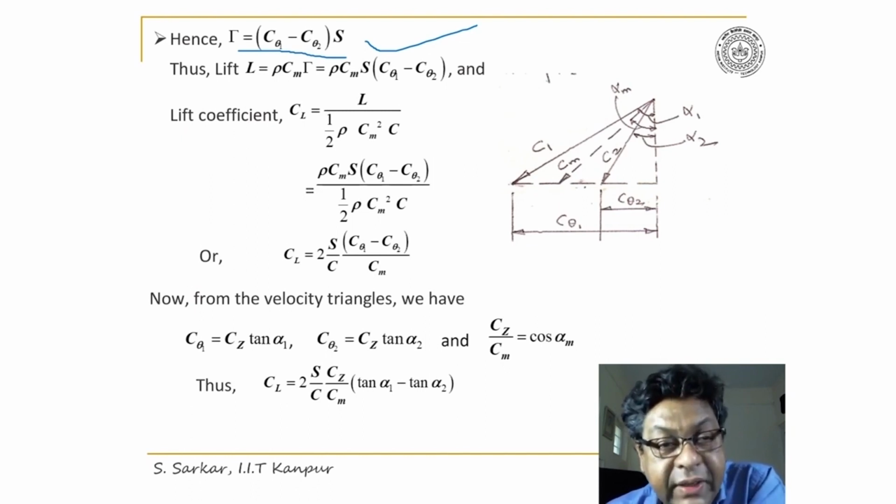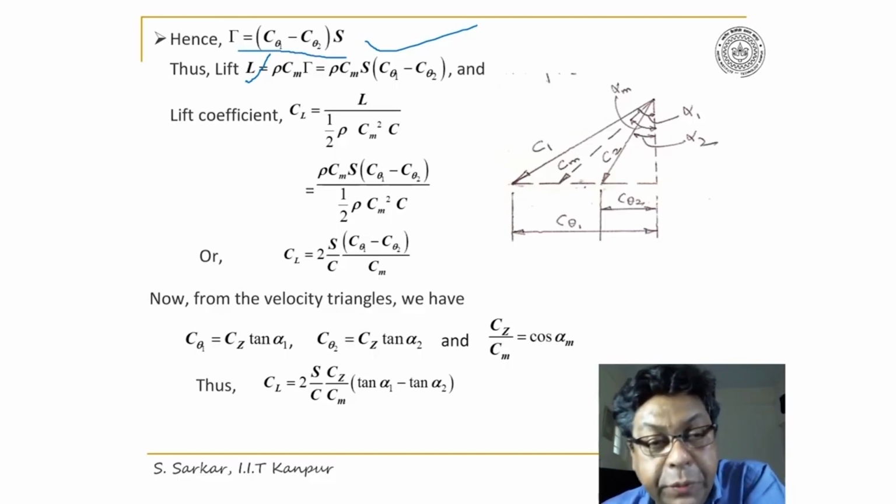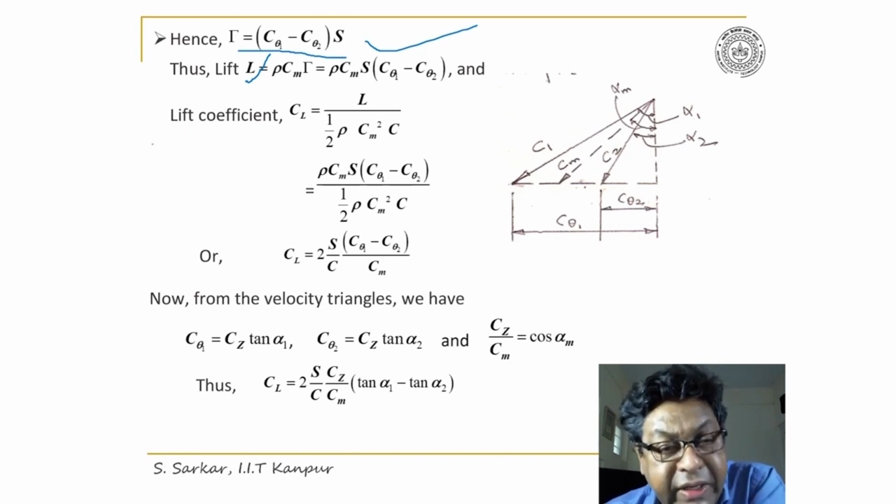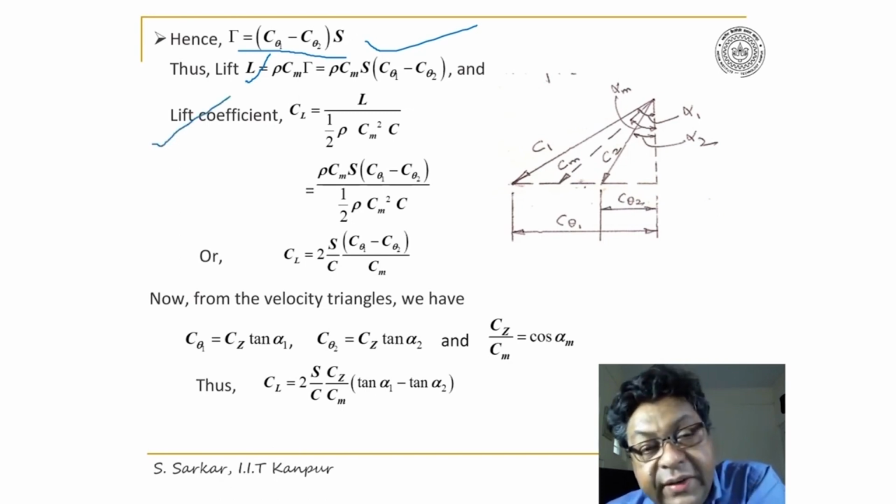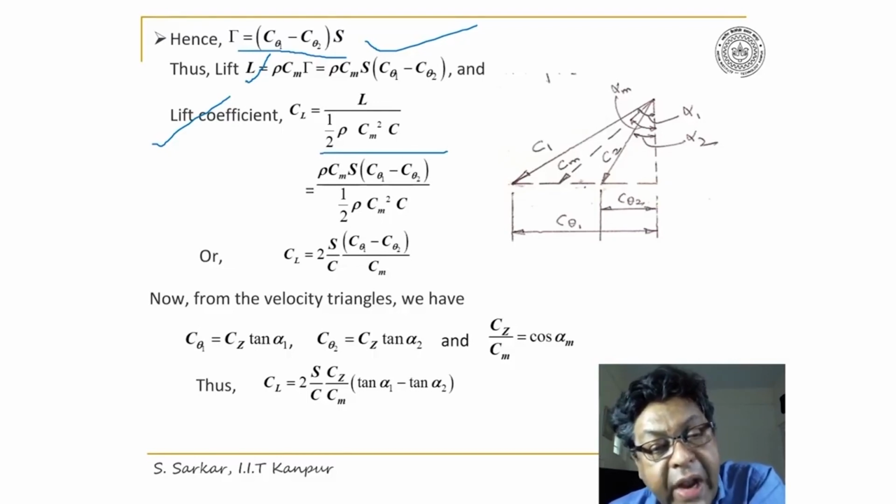So lift, putting the expression of gamma here, lift would be rho Cm s into (C theta 1 minus C theta 2). Now by definition, lift coefficient CL is equal to L divided by half rho Cm square into C.